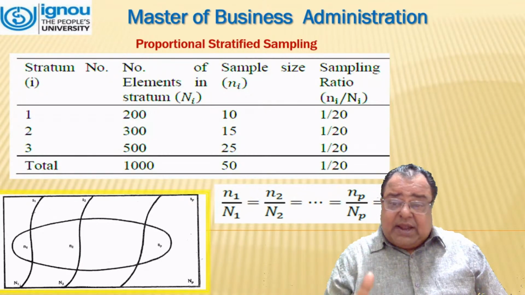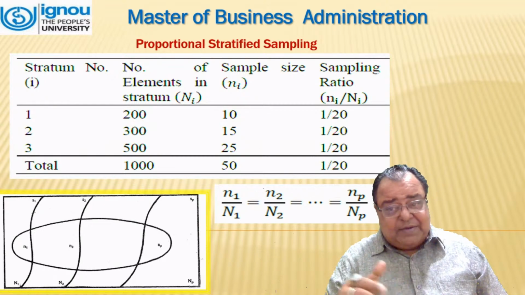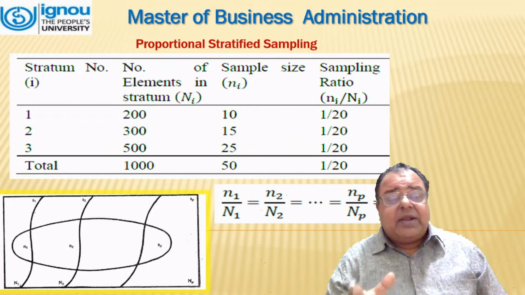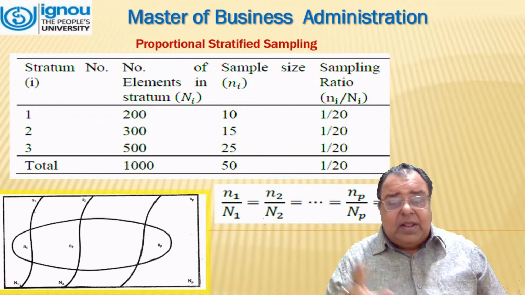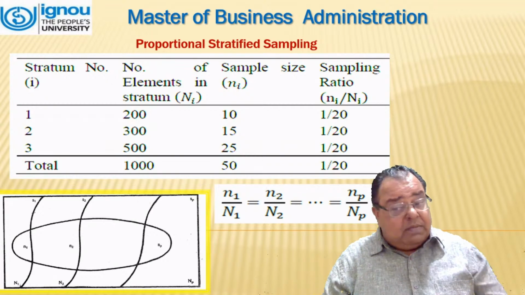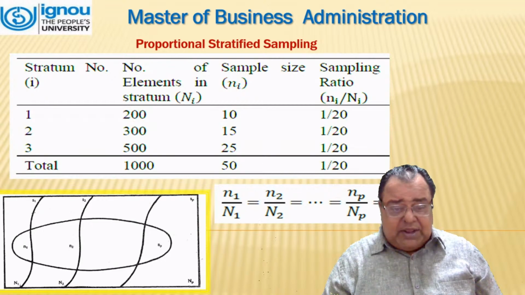Now we have to decide the sampling ratio as we have already discussed earlier. That comes 10 upon 200, 15 upon 300, 25 upon 500. So individually that ratio comes out to be 1 by 20, 1 by 20 and 1 by 20 in all the three cases.